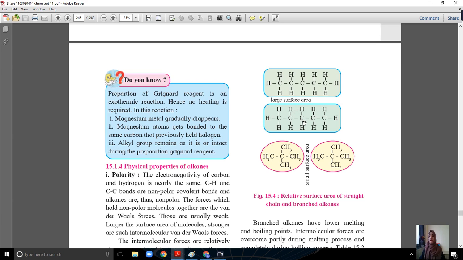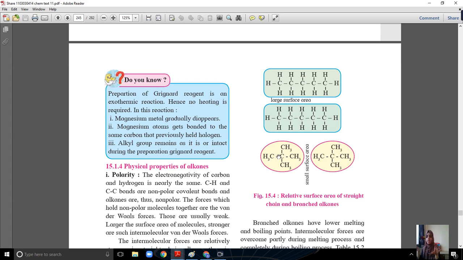Now, when the carbon is arranged in a straight chain, it will occupy large surface area. Understood? When the carbon is arranged in branches, with a central carbon atom and branching, it will occupy smaller surface area.